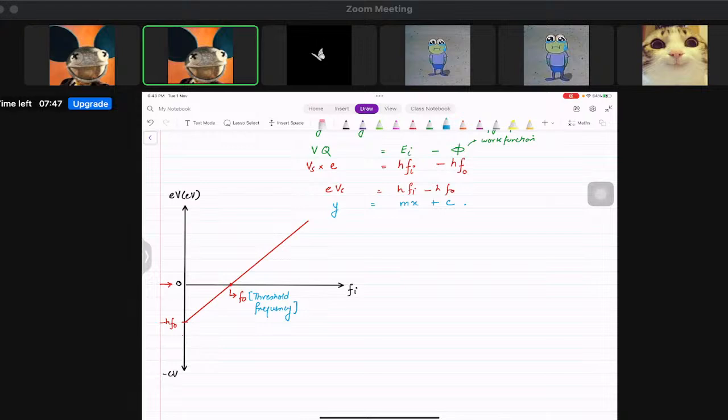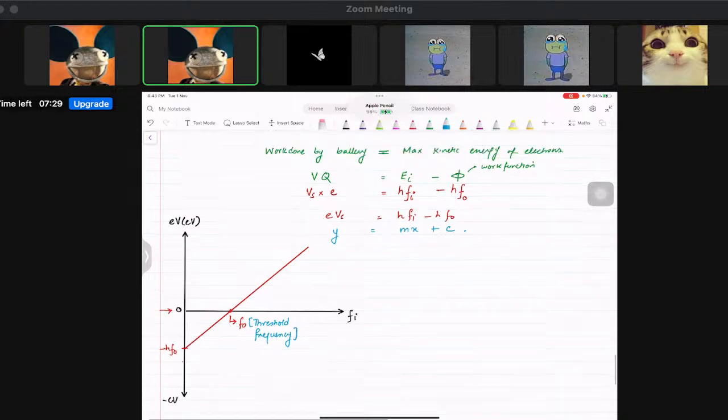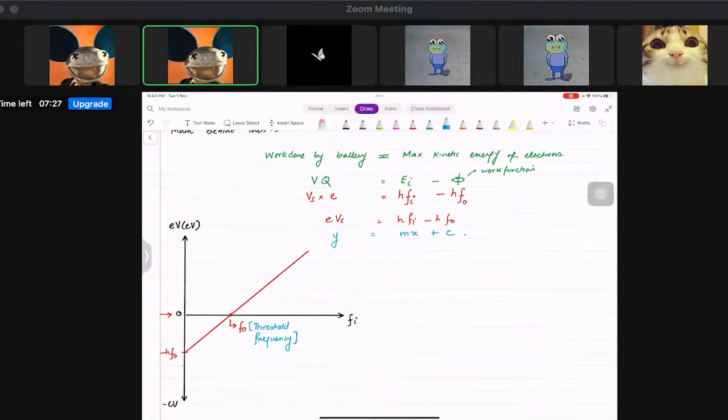For the rest of it, the higher the frequency of the wave, the greater the kinetic energy of the electrons, and then of course the battery needs to do more work to stop them. Do you understand my whole idea behind this? It's not my idea, it's Einstein's idea, but that's how I want to tell you.